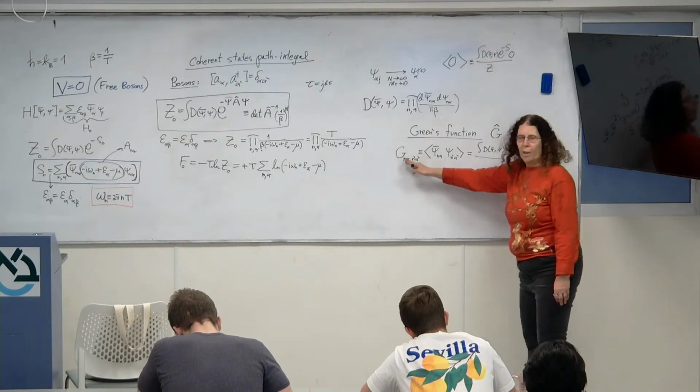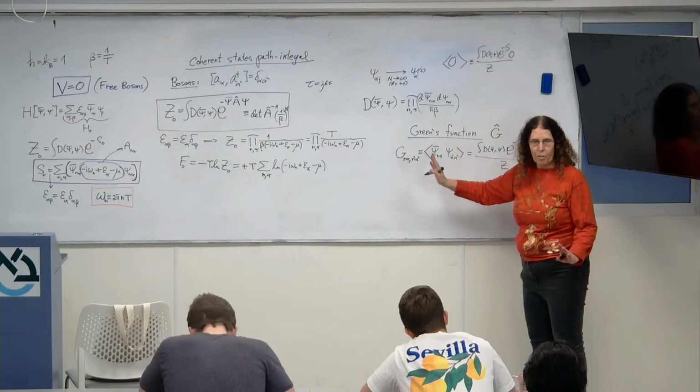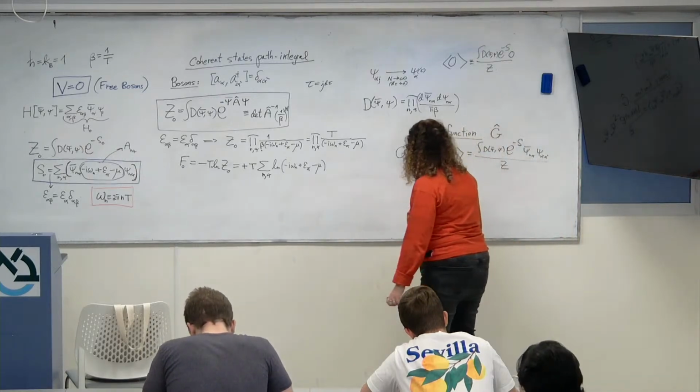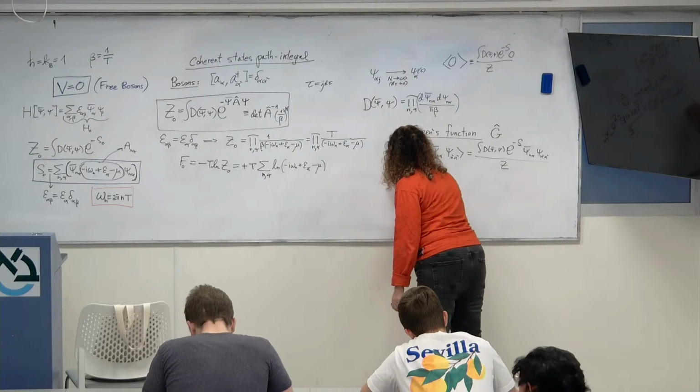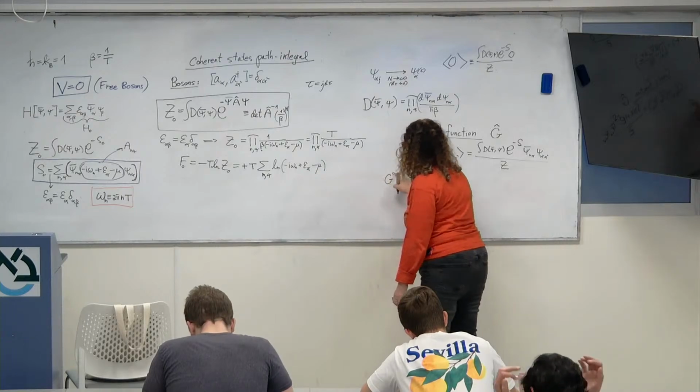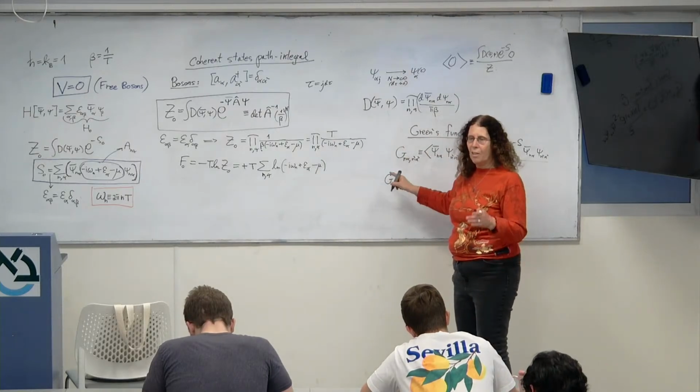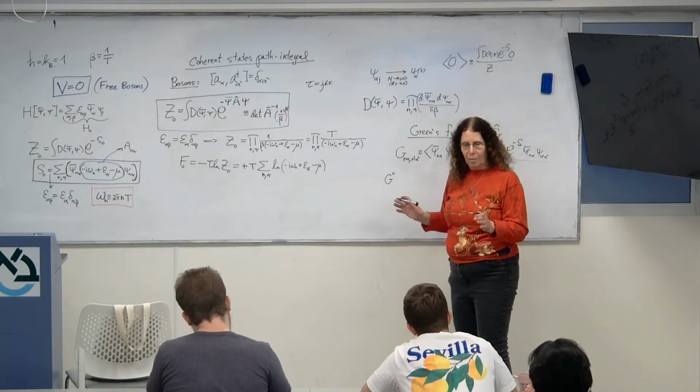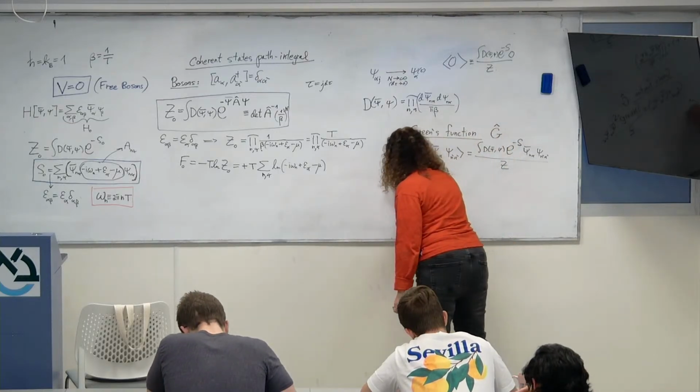Now, this is a general definition, first of all. This is just a definition. But now if we look at G naught, the naught always defines the non-interacting, the ideal gas case.